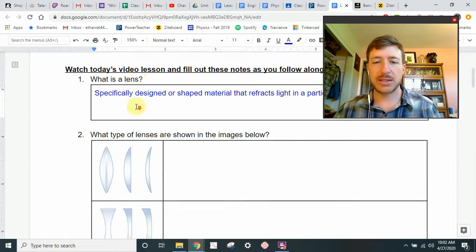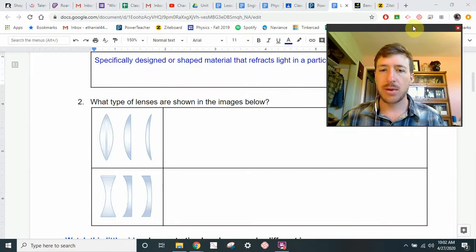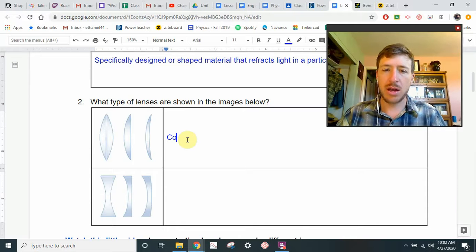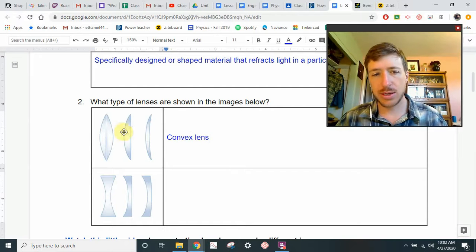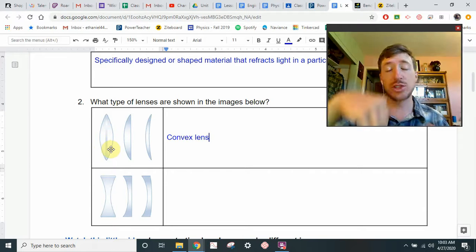All right, now what types of lenses do we have? There are a couple main types that you'll see. This one here is what we'd call a convex lens. You'll notice that this is the same shape as a convex mirror. It's bulged outwards.